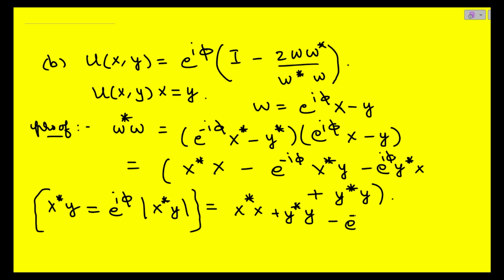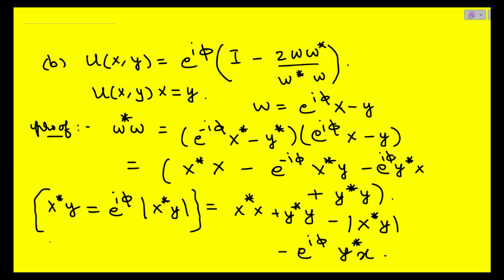And then you have e to the power minus i phi x star y. x star y is nothing but e to the power i phi times absolute value of x star y. Now, e to the power i phi and e to the power minus i phi get cancelled. So you have absolute value of x star y and minus e to the power i phi y star x.